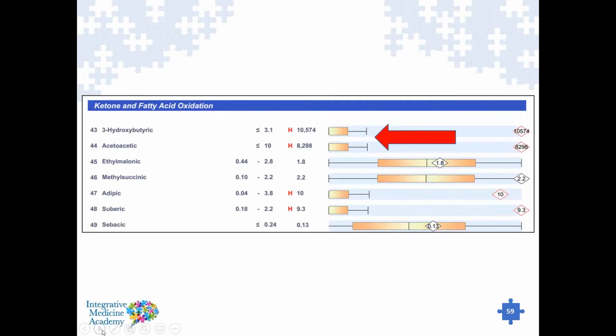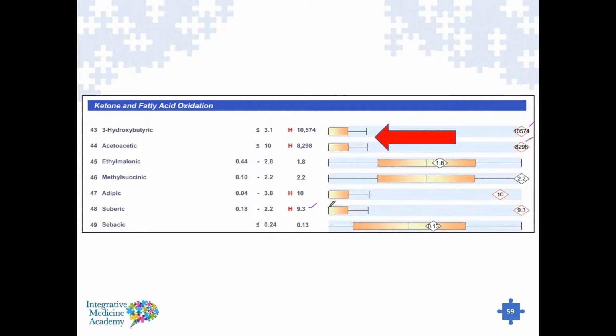But every once in a while, you'll get a scenario where you'll see certain markers extremely high, like we have here, the 3-hydroxybutyric and the acetoacetic. You'll notice that obviously these 2 markers are very elevated. So these can be elevated because of a ketogenic diet, somebody who's got some kind of metabolic disorder, either diabetes, prediabetes, metabolic syndrome, for example, are certain possibilities, some kind of glucose regulation problem.